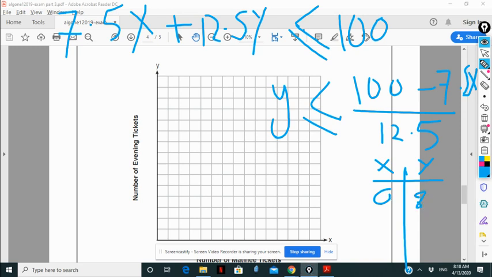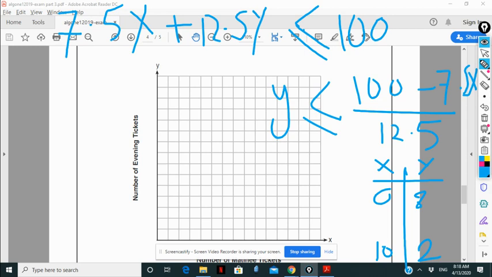If x is 1, it's going to be a fraction. If x is 2, it's also going to be a fraction. If x is 10, I'm sure about the 10, y is going to be 2.